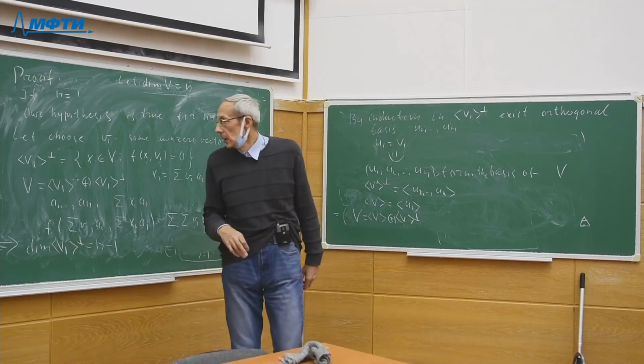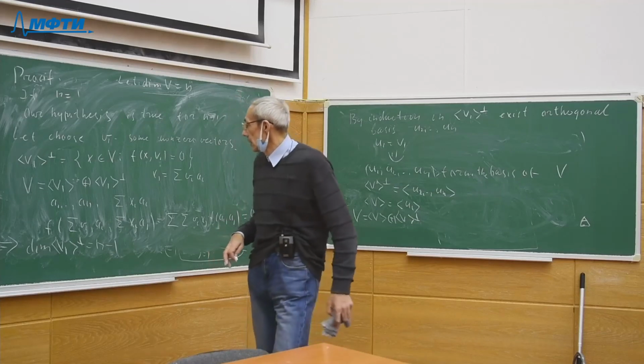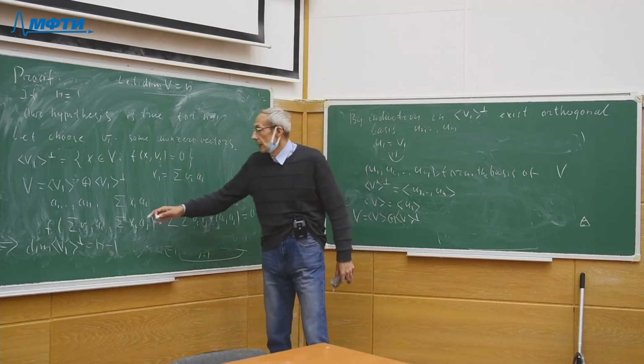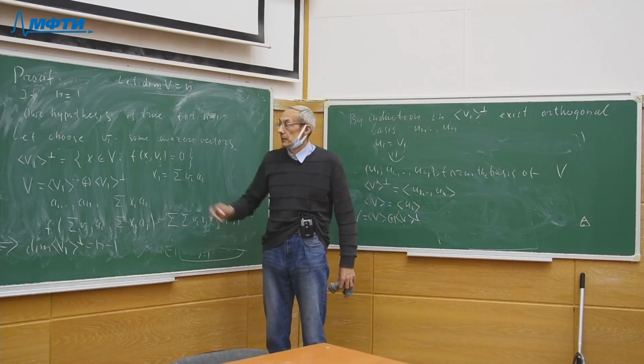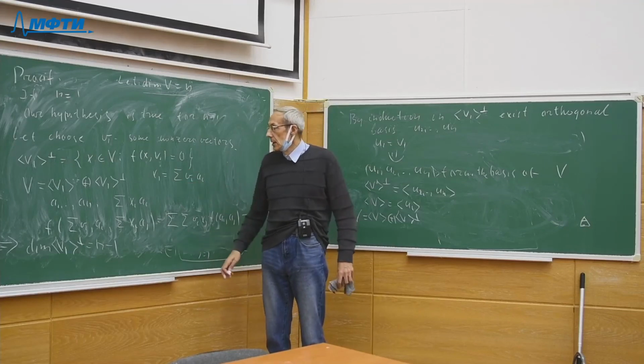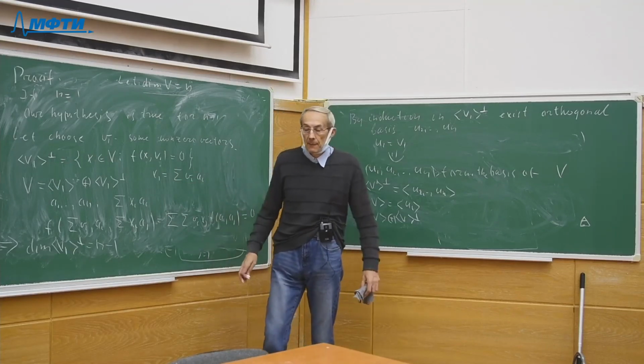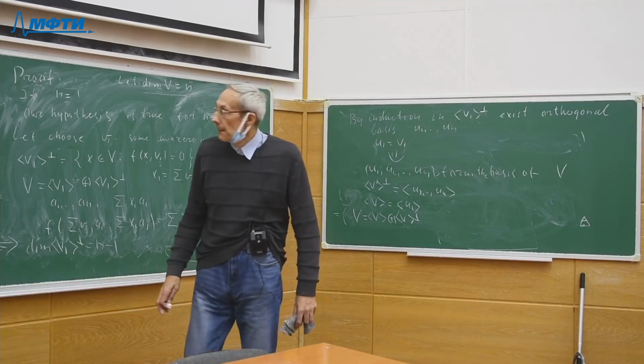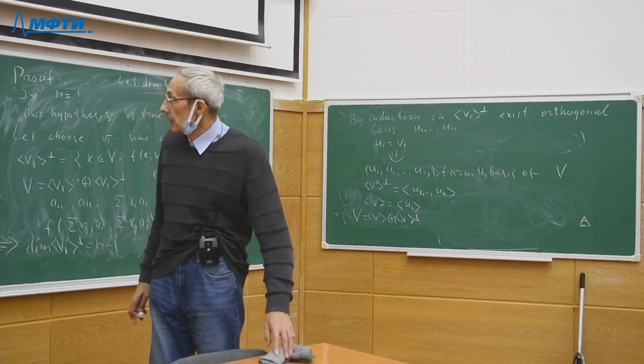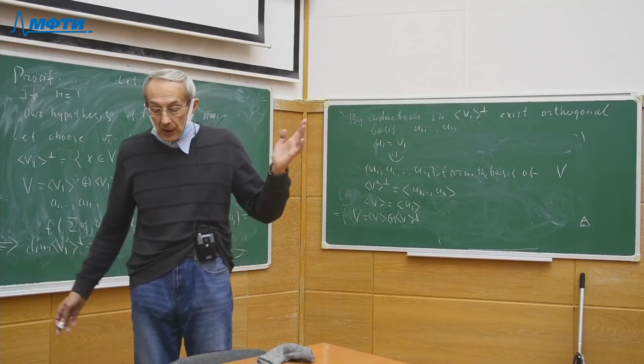After that, we consider the union of the vector v1 and the basis of the orthogonal completion, and this union is a basis of the whole vector space. That's all.